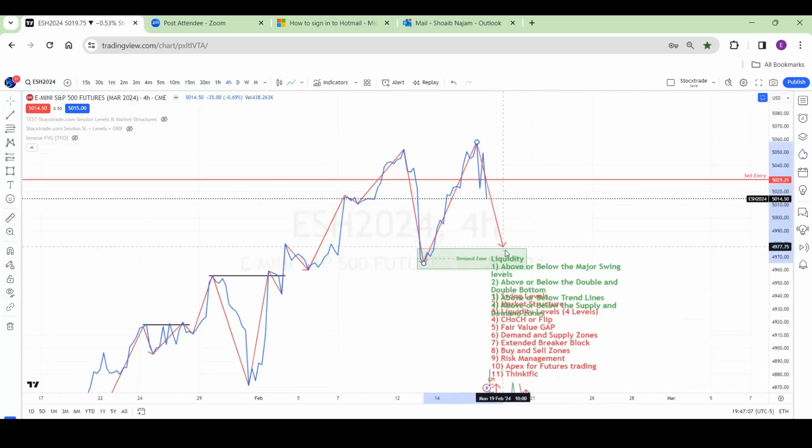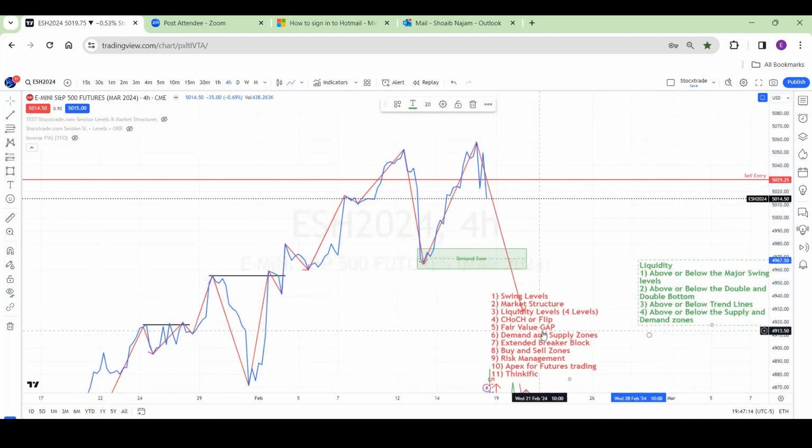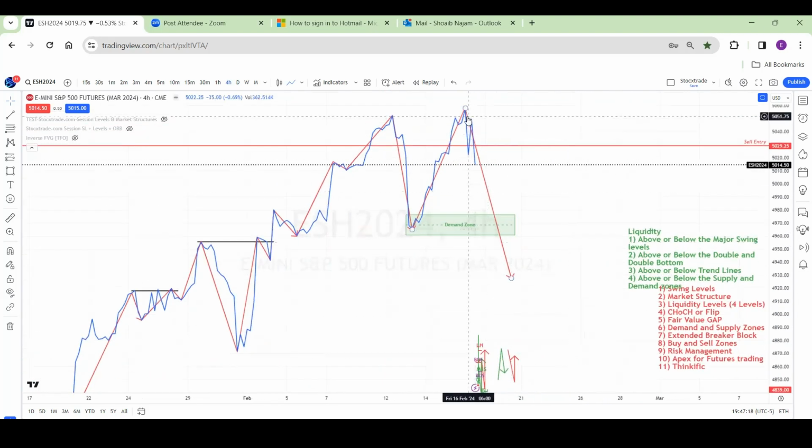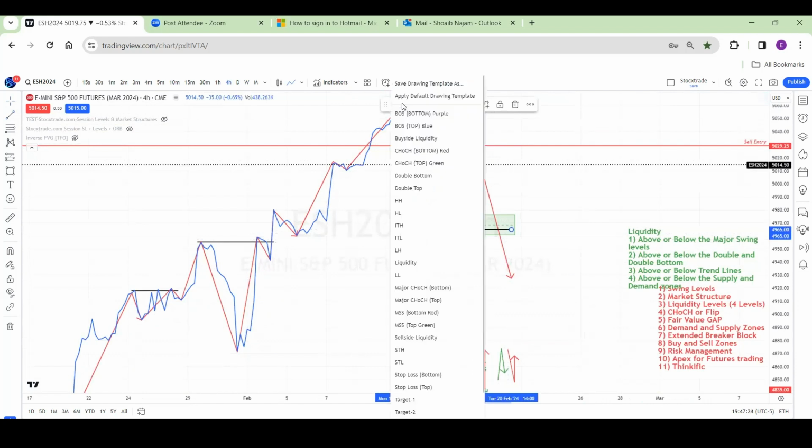So if I want to take a swing position, meaning I want to hold the position for 6 months or 1 year, then in that case I need to wait for the price to break this low. That will be my change of character in a high time frame.